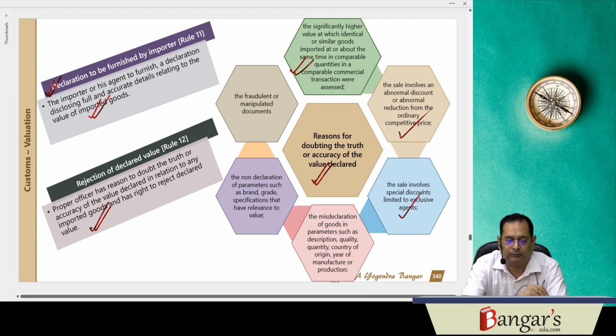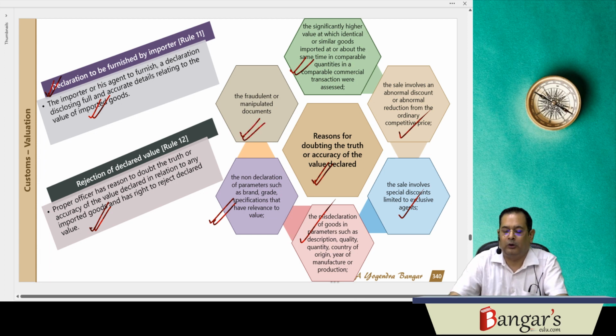Special discounts have been provided which are limited to the exclusive agents. Misdeclaration of goods in parameters such as description, quality, quantity, country of origin, year of manufacture or production. Non-declaration of parameters such as brand, grade, specifications that have relevance to value, and fraudulent or manipulated documents.